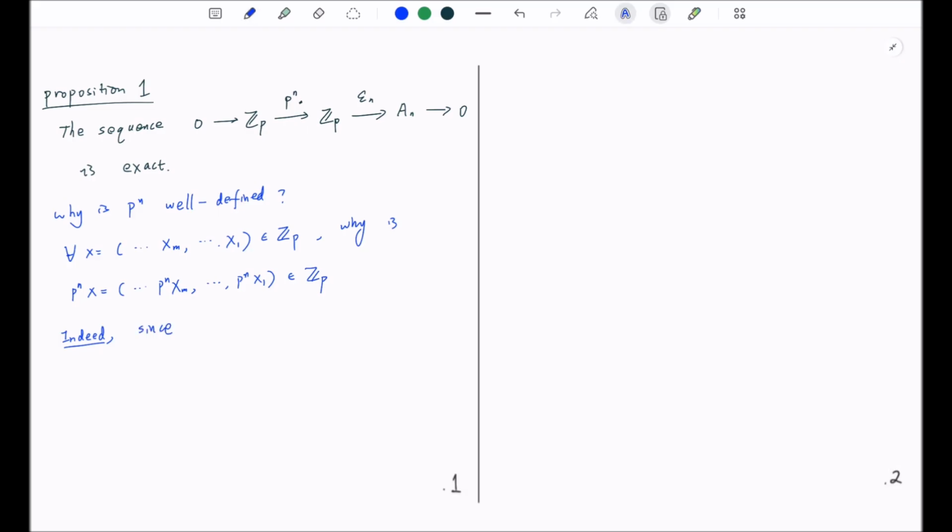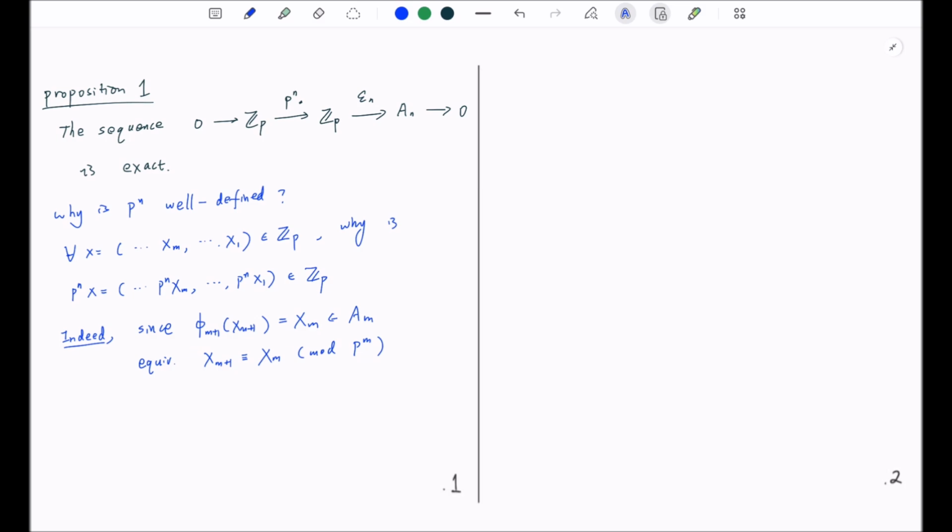Indeed, since x is compatible, we have phi sub m plus 1 of x sub m plus 1 is equal to x_m in A_m. Remember, equivalently, this is the same as x_(m+1) viewed as an integer is congruent to the integer x_m modulo p^m.